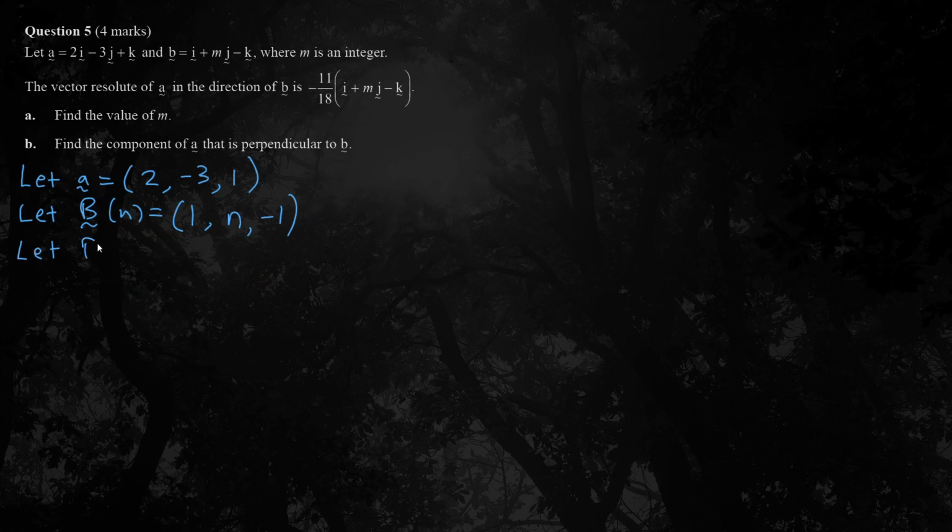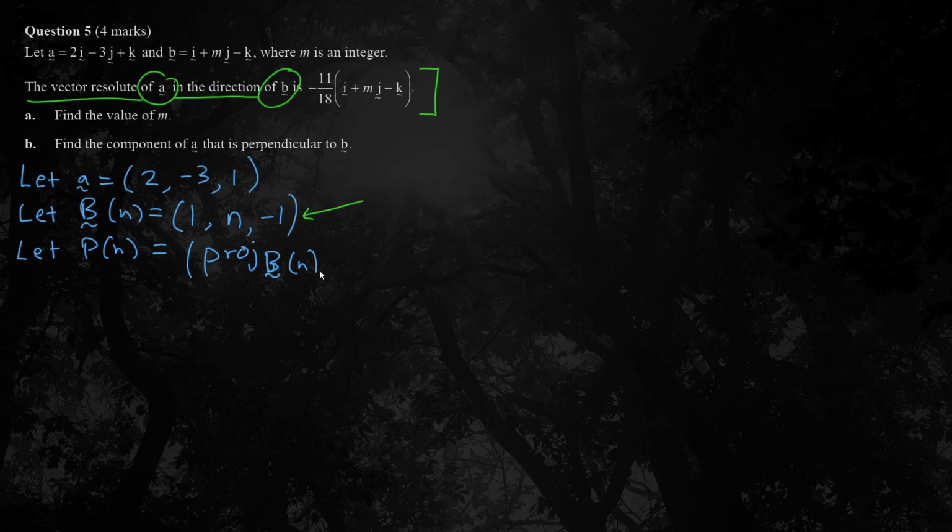I'll also let P of N denote this condition here. So really it's saying that the vector resolute of A tilde in the direction of B tilde, that's the projection onto B tilde, and I'll write it with a capital because that's how our notation has been set up here.